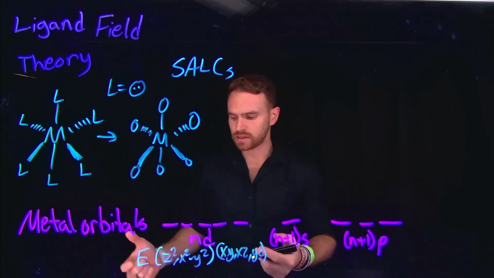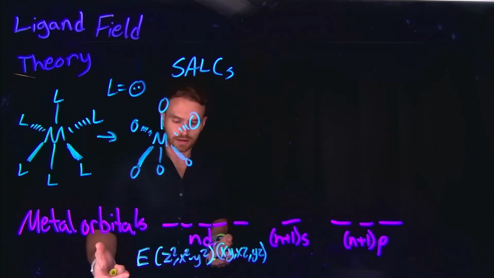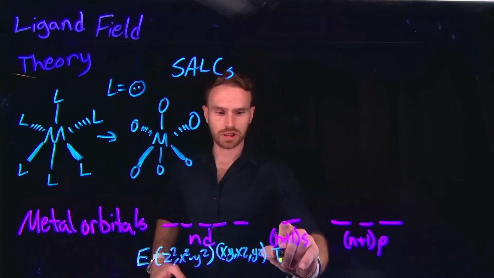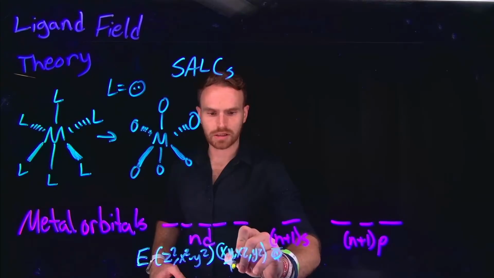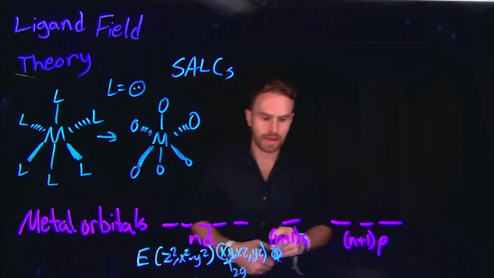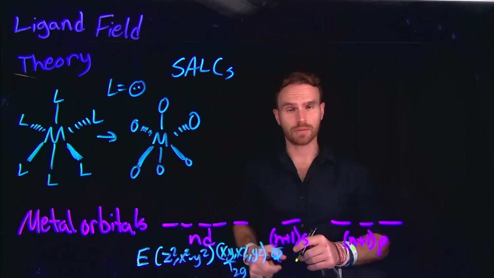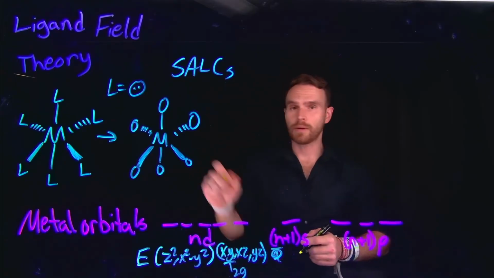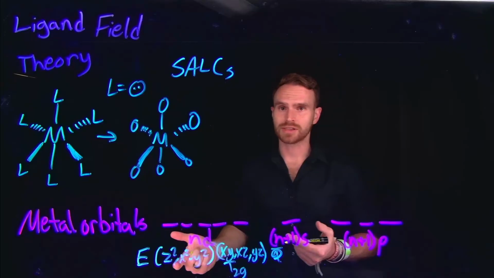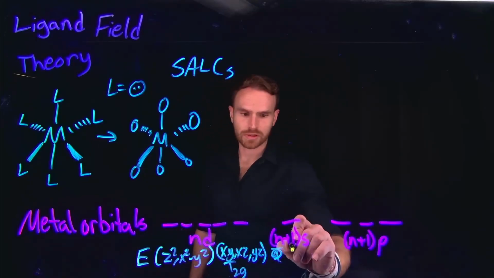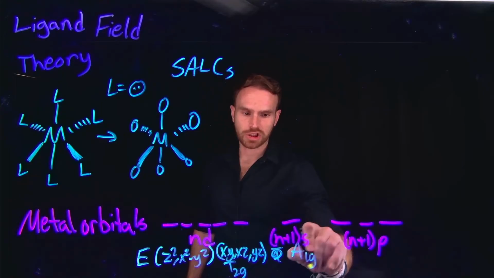The other ones would be the xy, the xz, and the yz orbitals corresponding to those d orbitals. And if I were to look this up on the character table, what I would find is that those correspond to what are called the T2g orbitals. And I'll put this down here, T2g orbitals. Now, if I were to go to the first row of the character table for an octahedral point group, remember the first row always corresponds to the s orbitals, I would find that those orbitals have an irreducible representation of A1g.